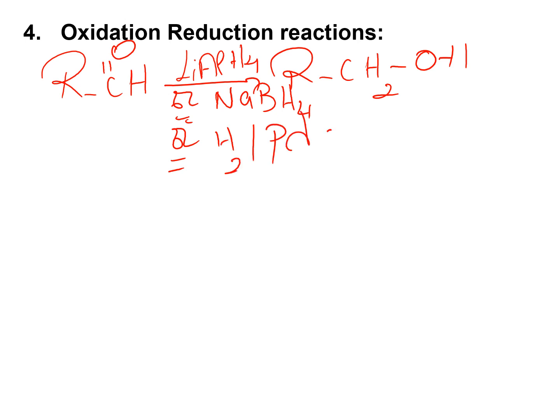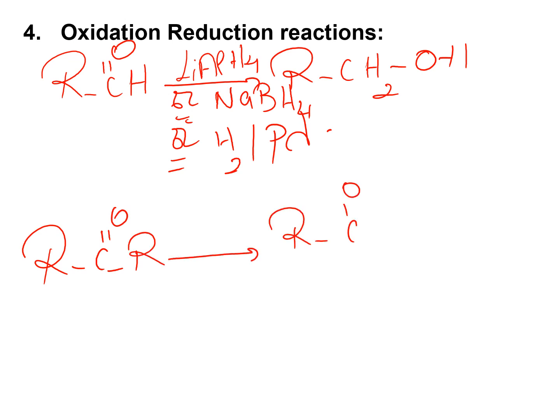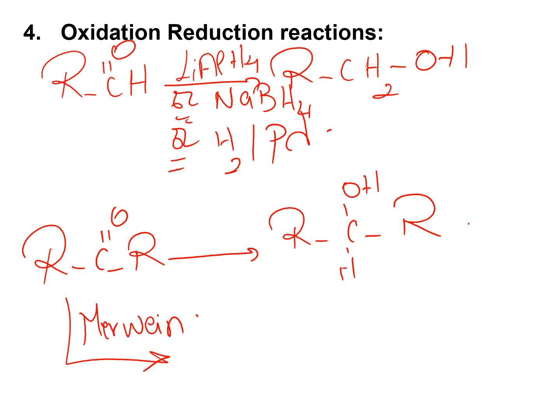In case of ketones, you can reduce them by a non-selective reducing agent, ending up with the secondary alcohol, or you can use something more specific like the Meerwein-Ponndorf reducing agent.